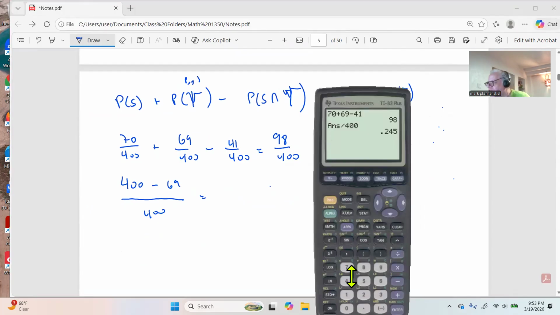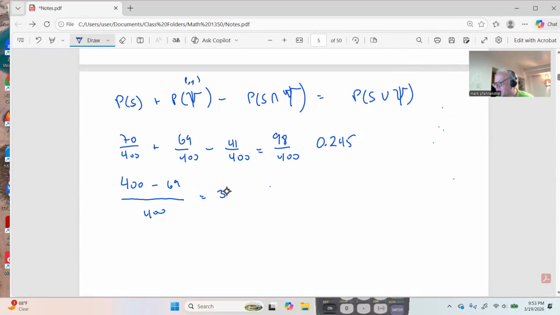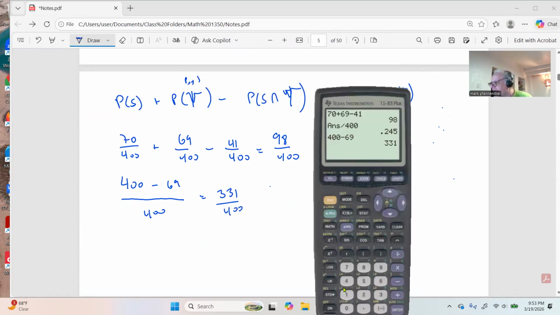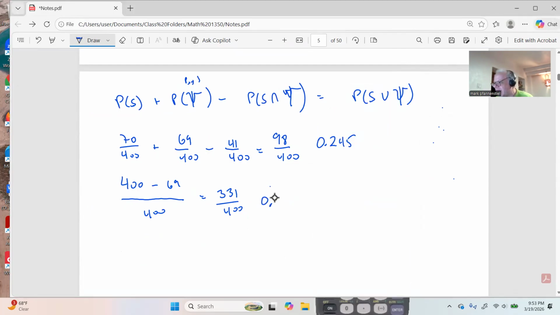So we have our 400 minus 69 equals 331 over 400. And what's that going to do for us? Okay, divided by 400 equals 0.8275. That's going to be our answer for that second part of it.